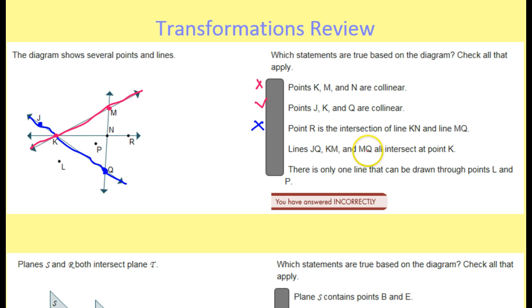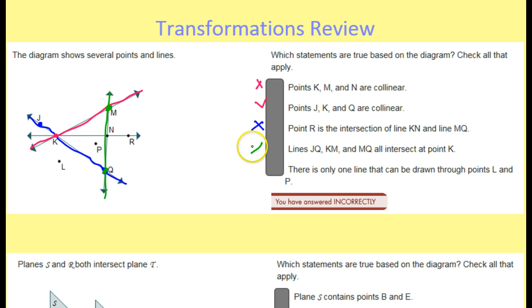And MQ. Alright, here's M, here's Q. So this is line MQ. All intersect at point K. No. The first 2 lines intersect at point K, but that third one, the green line, goes nowhere near point K.